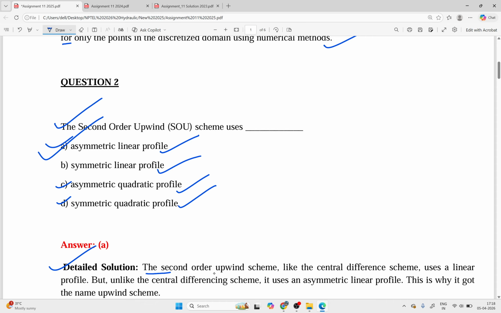The second order upwind scheme, like the central difference scheme, uses a linear profile. But unlike the central difference scheme, the second order upwind scheme uses an asymmetric linear profile. This is why it got the name upwind scheme.